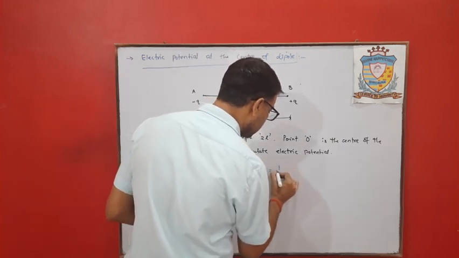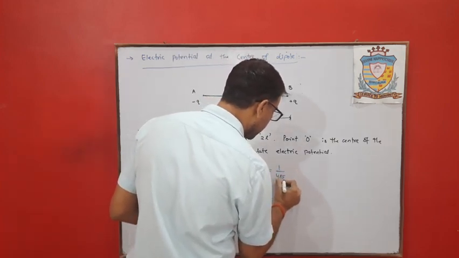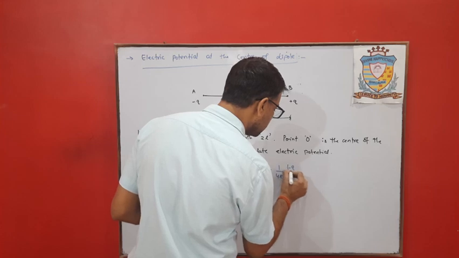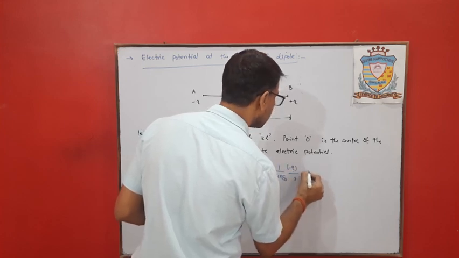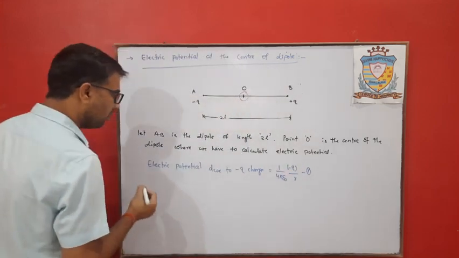So this potential will be 1 upon 4 pi epsilon naught times minus q upon r. This is equation number 1.